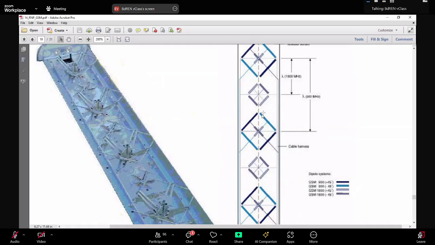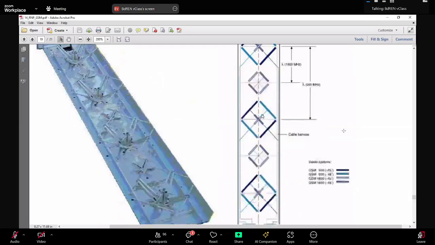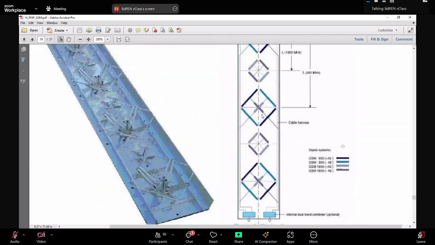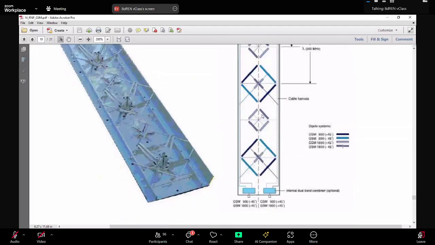So they all work together as a single array. So probably you're getting the point that the antenna elements may be located in many different ways, but you may be implementing maybe just 2 different bands with 2 different polarizations. Okay.